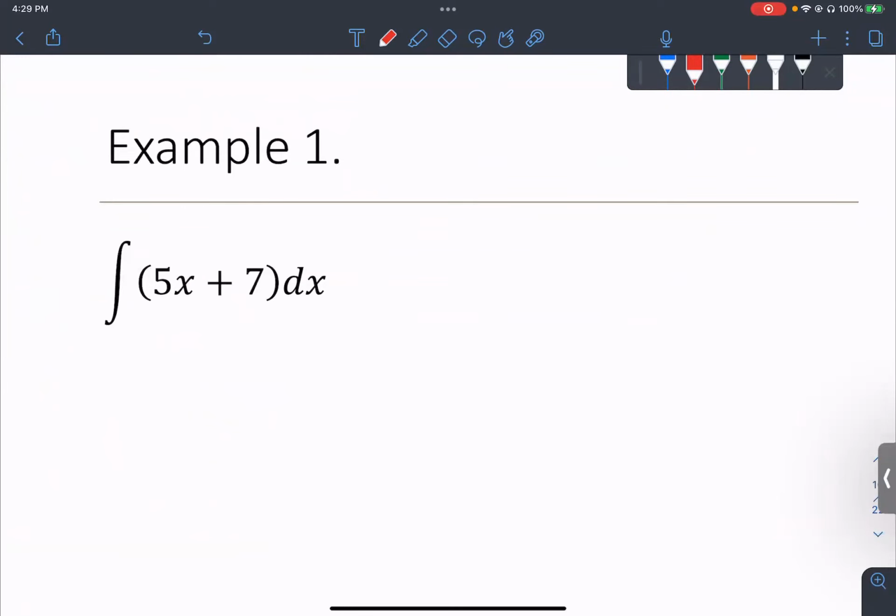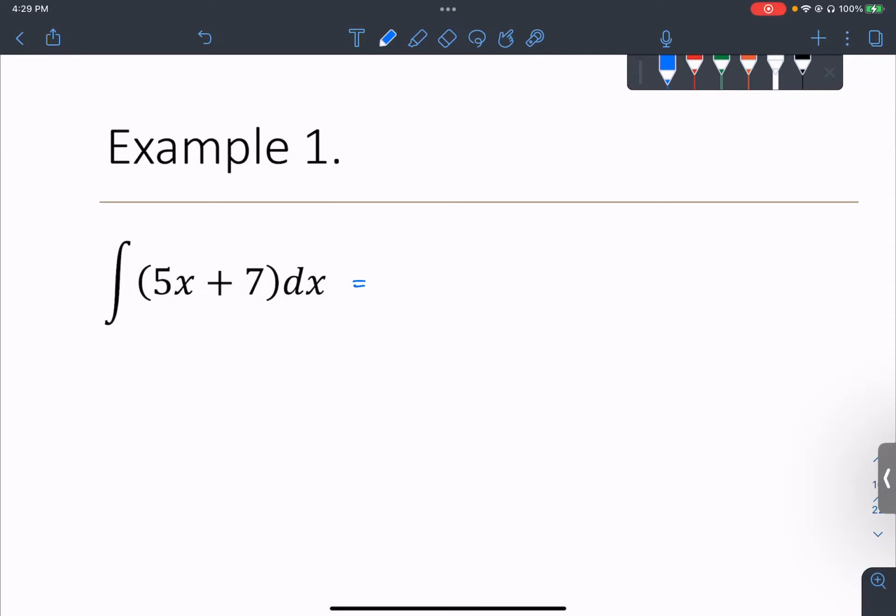So let's have our first example. For our first example, we will use yung mga integration rules natin. Let's start with the first one. What can we do with this one? We can use the coefficient rule.